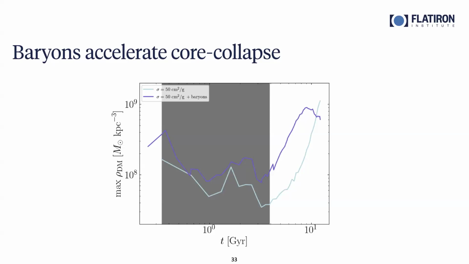Now this purple line is if I include the baryons. And the point is that the baryons just speed up or accelerate the core collapse. So the core collapse happens faster if you include the baryons. What's happening with the star formation here is absolutely mind-boggling, and I still don't fully understand it. But this is sort of a preliminary thing, just to show that even in this case, the baryons do matter, and they really speed things up.